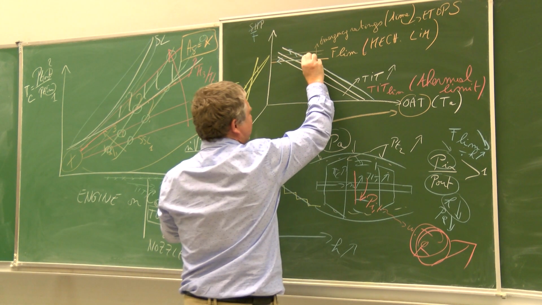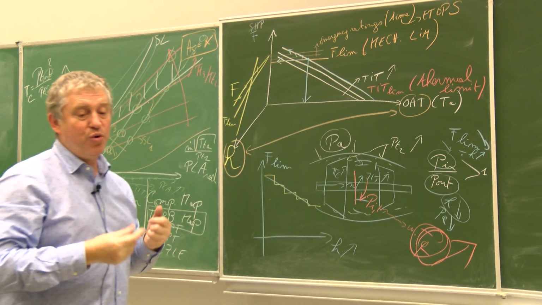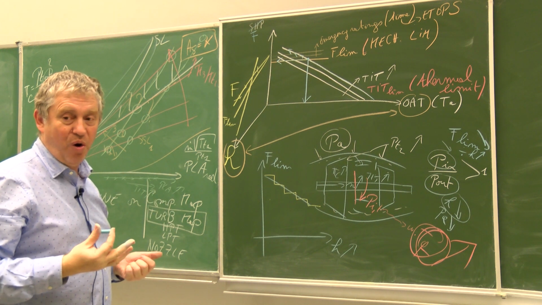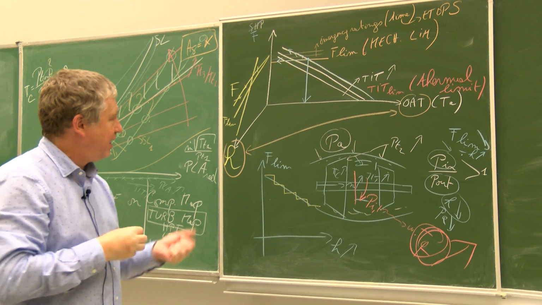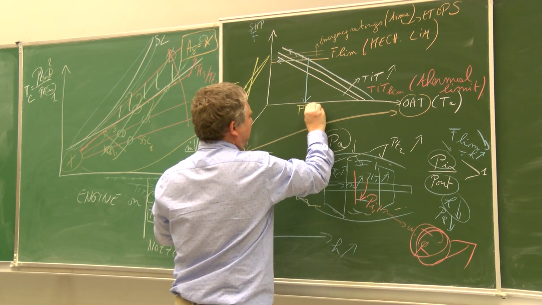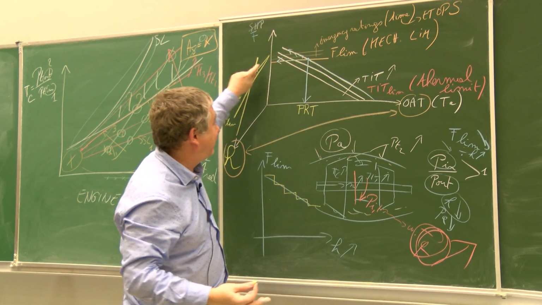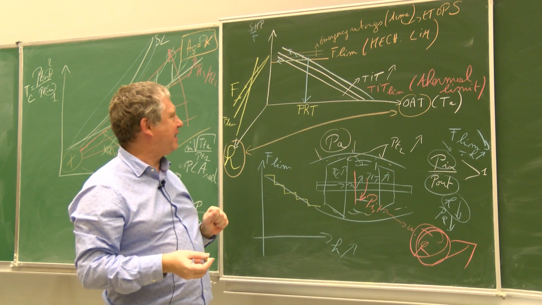You see that you change your attitude as a pilot, or you change your regulation law as an engineer introducing the control law of the engine at this temperature. We call this phenomenon the flat rating. So we call this temperature the flat rating temperature.